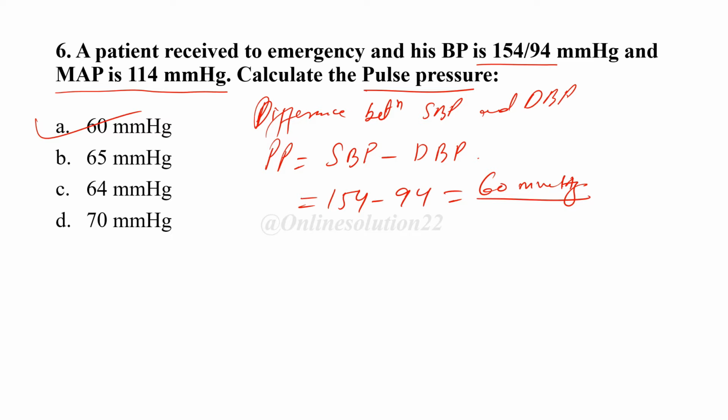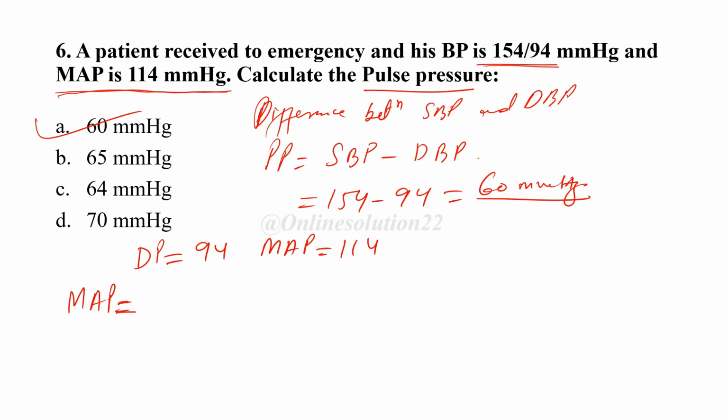Or the question can also come in this way, where they will give you the MAP of the patient and they might give only the diastolic pressure. So in that case, how? Suppose the patient is received in emergency and they will give you only the diastolic BP of 94 and the MAP of 114 millimeter of mercury. So here how we will calculate this pulse pressure? There are two formulas for MAP.